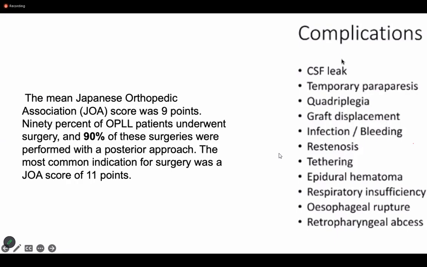There are lots of complications. We don't have time to talk about complications, but if we have a complication, mostly it's CSF, and it's maybe not too bad to decide.